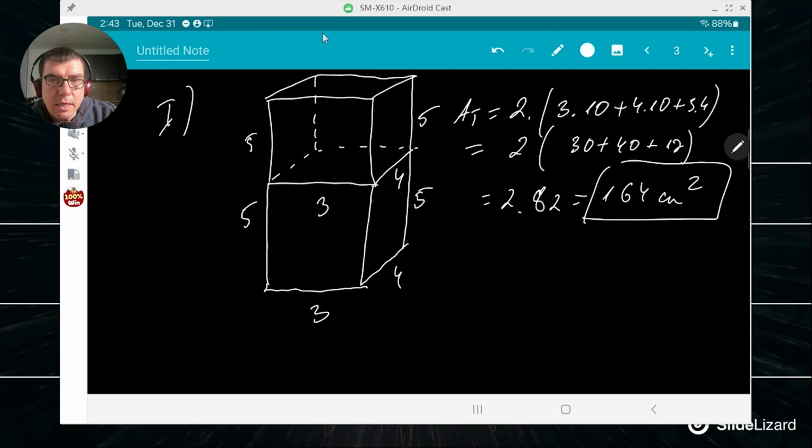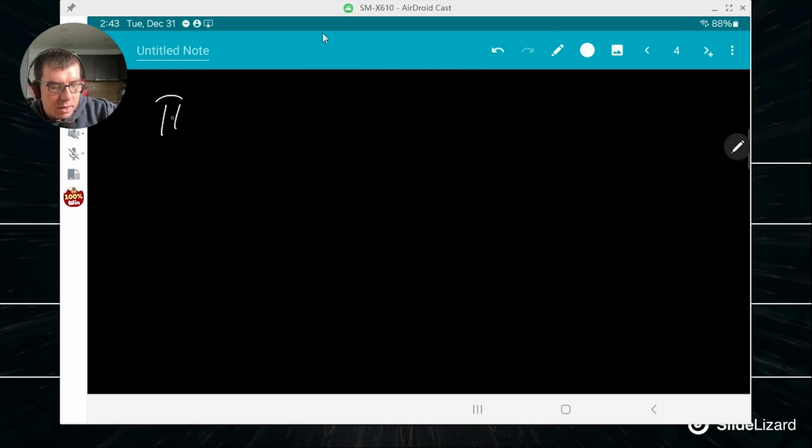This is the first case, but what if I choose to do something else? What if I choose to glue the 3 by 5 face to the other 3 by 5 face? Let's consider this case real quick, okay?